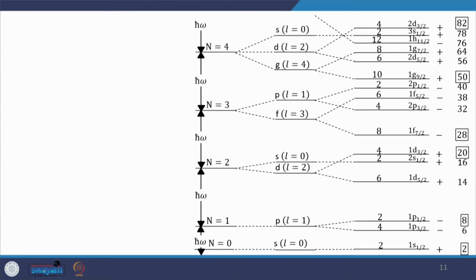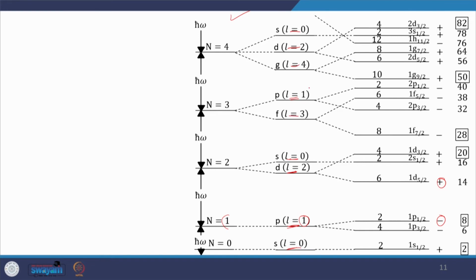Okay? Now, this is the shell model essence. Please look into any textbook where you can see for different L values the splitting of the energy levels taking place. Okay? And how the positive parity or negative parity is used based on (-1) to the power of L. You can see, okay, L is equal to 1, so (-1) to the power of 1, it is odd, so parity is negative.